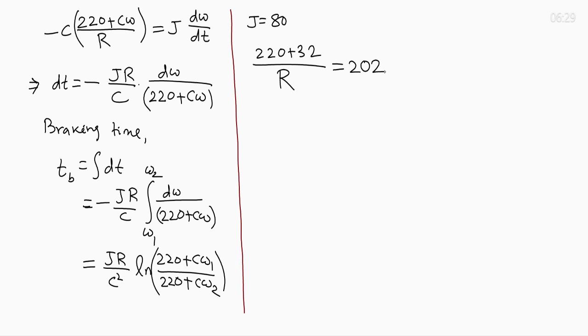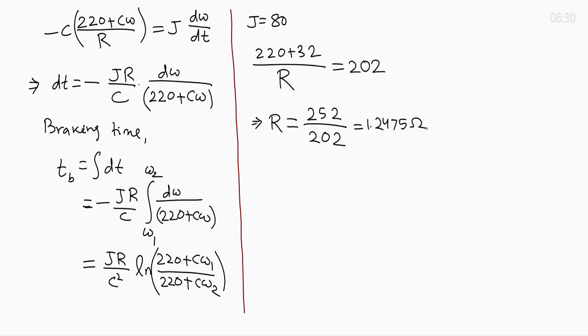So, from this you can get total resistance in the circuit, which is 252 divided by 202, it is 1.2475 ohm. R is fixed by this; external resistance is fixed so that R value remains 1.2475 ohm throughout the braking.